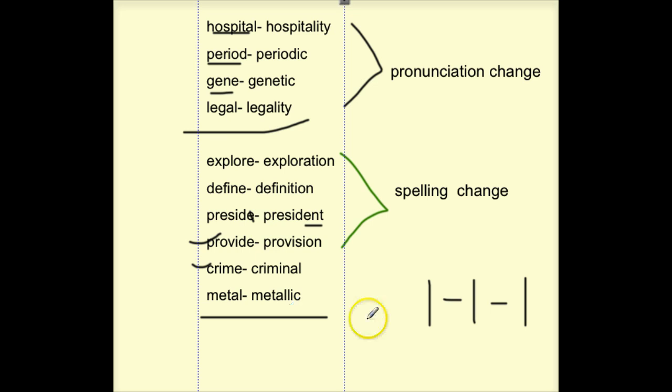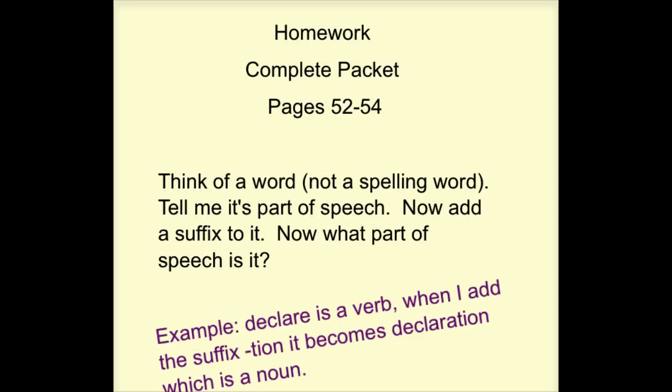But metal, metallic is an exception to that 1-1-1 rule, and we double it even though it's a two-syllable word. So these are our spelling words this week. They are all words that have base words and then a suffix added where the pronunciation changes or the spelling changes. They can be a little tricky.